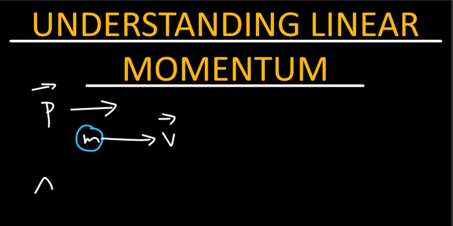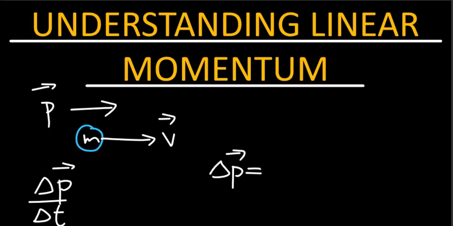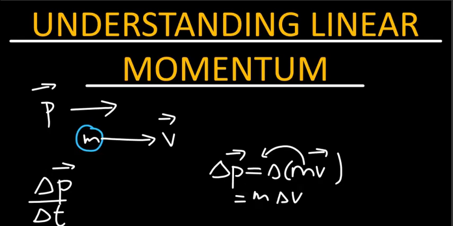Let's assume the momentum of this object changes in a certain amount of time, delta t. Delta p, as we know, is quite simply delta of mv. Delta here is chosen to represent the change. Because mass is a constant, it can be taken out of that delta sign, and you get m delta v.